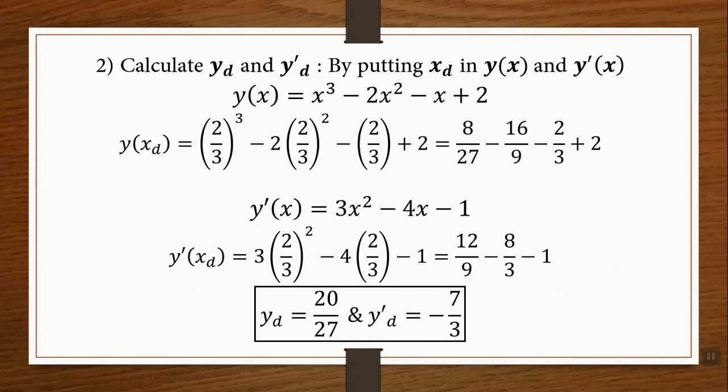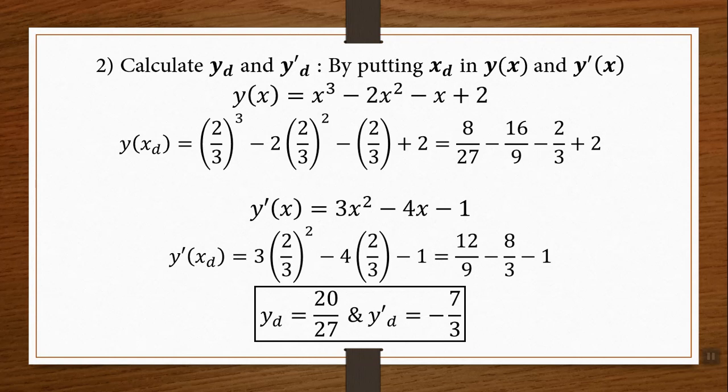The second step is to calculate yd and y prime of d by putting xd in y of x and y prime of x. Y of x was x cubed minus 2x squared minus x plus 2. Y of xd equals 2/3 cubed minus 2 multiplied by 2/3 squared minus 2/3 plus 2.